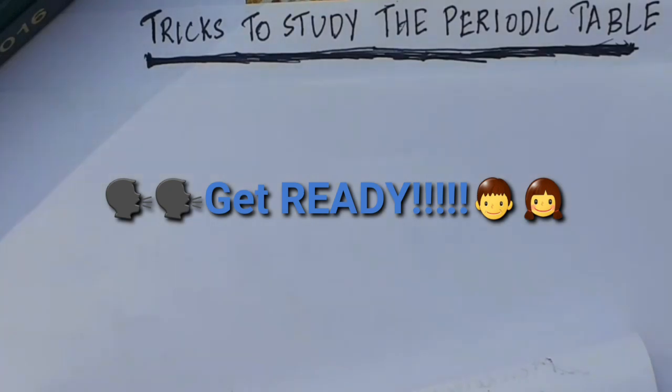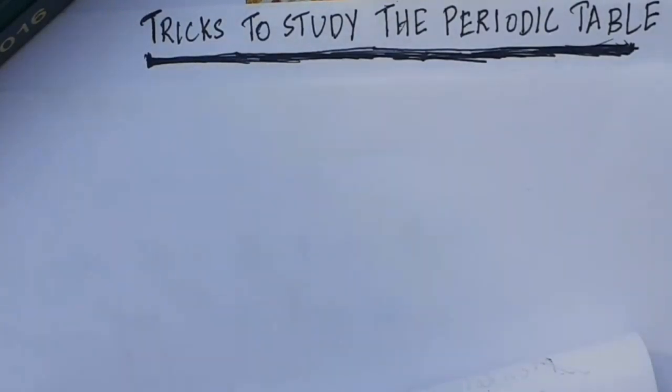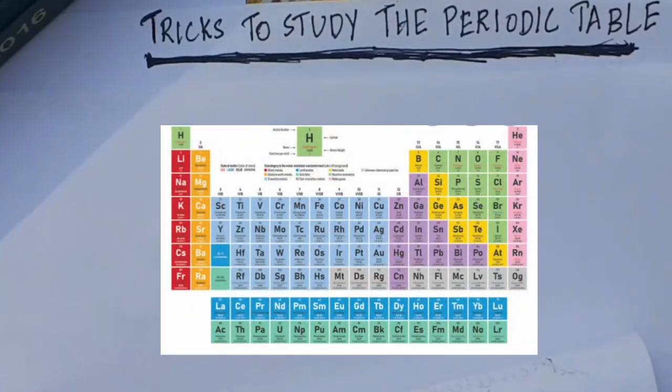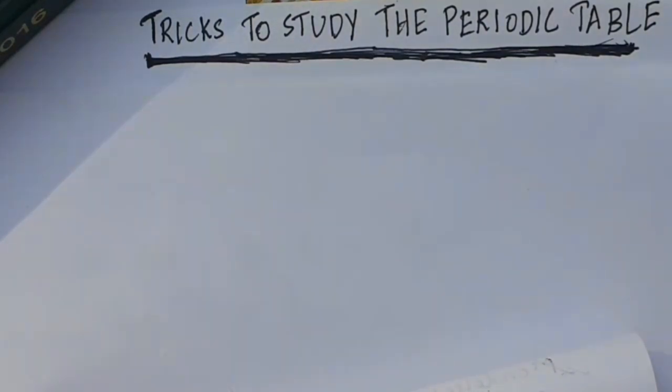Before going to study the tricks, I want to give you a small description about the periodic table. When we talk about the history of the periodic table, there were many scientists who tried to classify the elements. They were Dobereiner, Newlands, Mendeleev, and so on. And there were limitations also. I don't want to go much deeper.